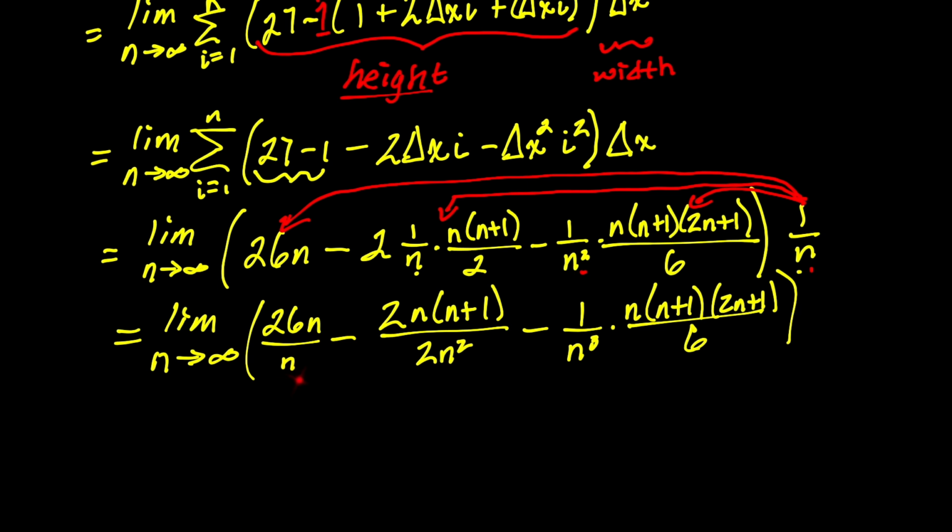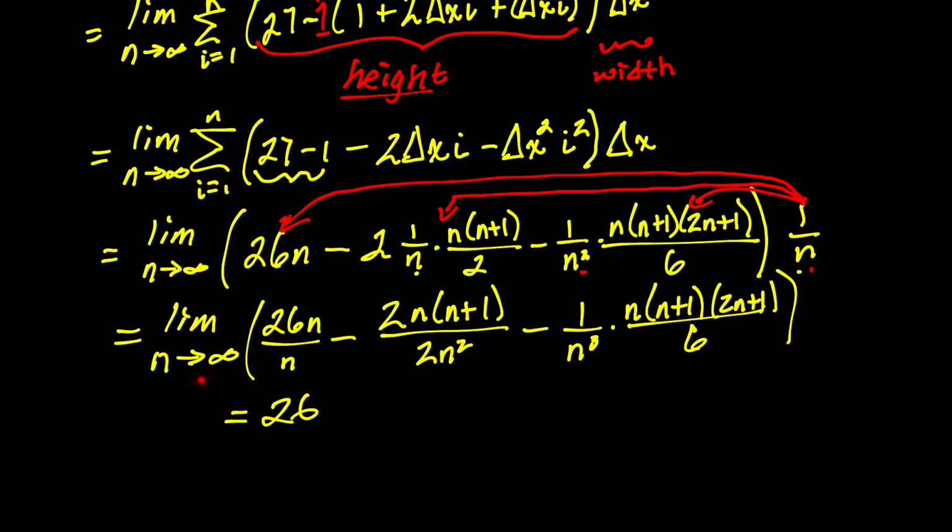When I had limits at infinity, when I had the same exponent in the numerator and denominator, it evaluated as the ratio of the two leading coefficients. So the leading coefficient in the numerator is 26, and in the denominator it would be 1. So that becomes 26. All right, let's look at the next term. This is why I don't have to multiply all this stuff out.